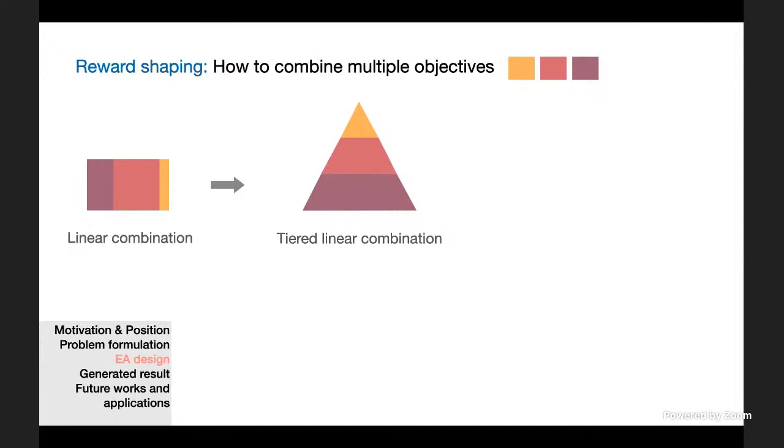To deal with this problem, I propose a smooth linear combination design. We see that instead of each tier activating in a binary manner, now all the tiers are activated in a smooth manner, and this gives the model the ability to sense high tier reward while it is still in lower tiers.